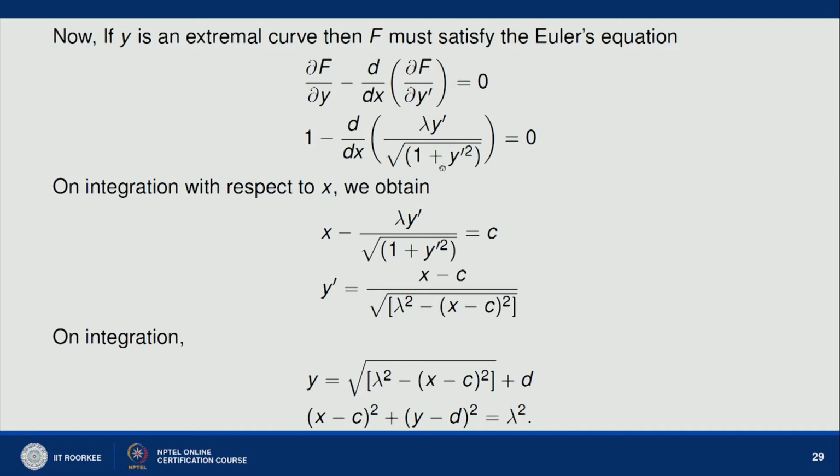We can solve it by differentiating and converting it into a second order differential equation, but here we may solve it in an alternative way: just integrate with respect to x. The integral of 1 is x, so we have x minus λy' divided by the square root of 1 plus y dash square equals c.